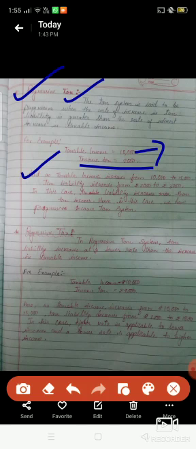So in this case, liability increases more than the income. Hence, in this case, we have a progressive income tax system.